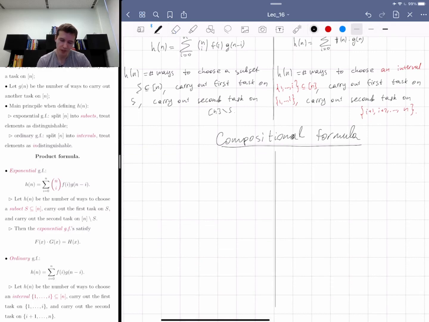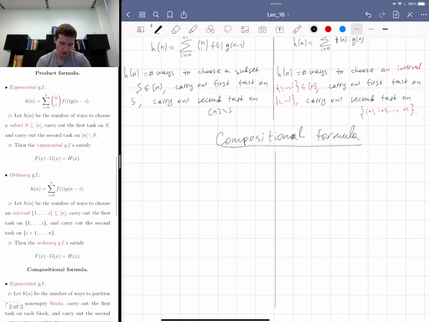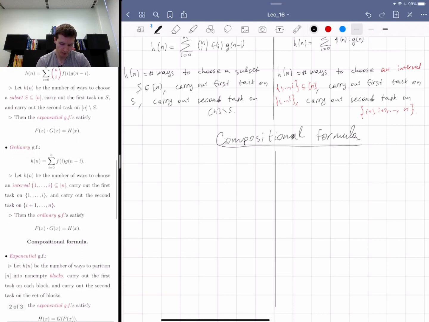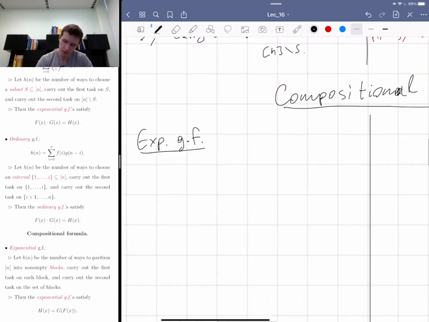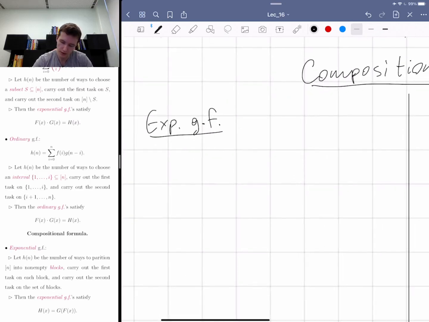It's much better. Okay, so what was the compositional formula for the exponential generating functions? Here on the left I'm going to have the exponential generating function, and the compositional formula was that h of x is equal to g of f of x.